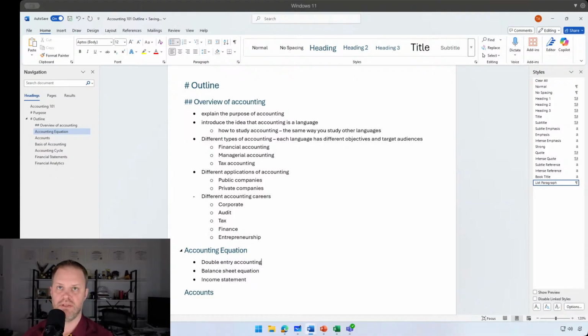So concept of double entry accounting. Historic context.